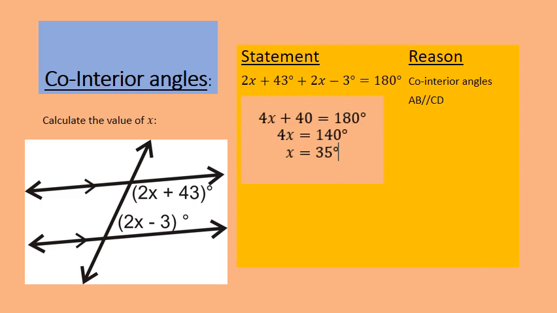Just a recap on all three of them. If you get the corresponding angles, you will say, I'm walking down the corridor and I see a big F. So corresponding angles form the shape of an F. Then alternate angles, I'm listening to alternative music.